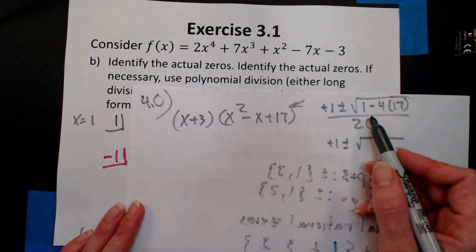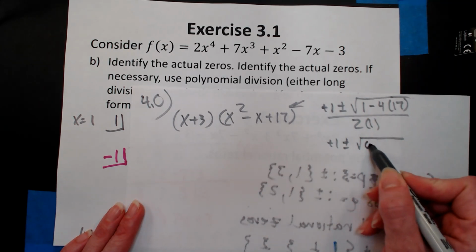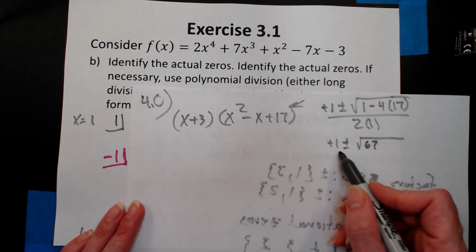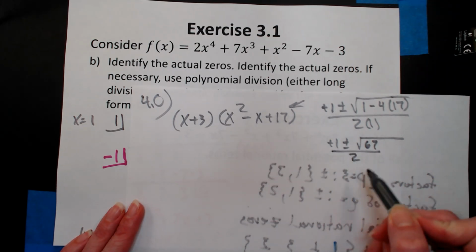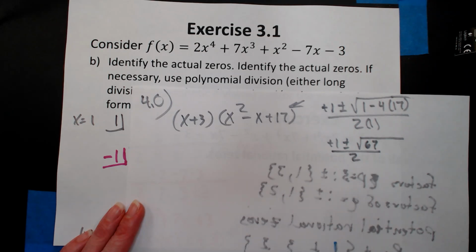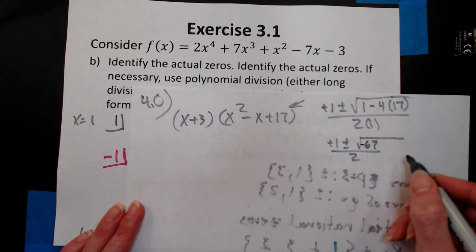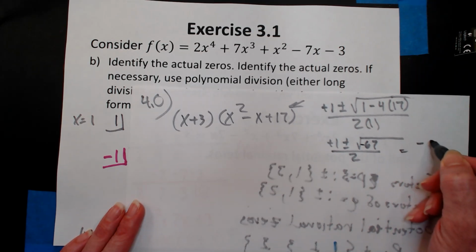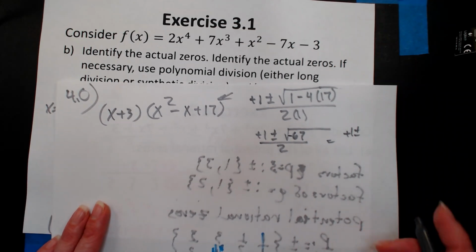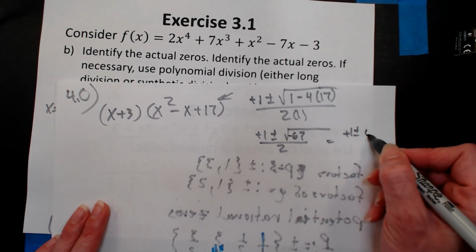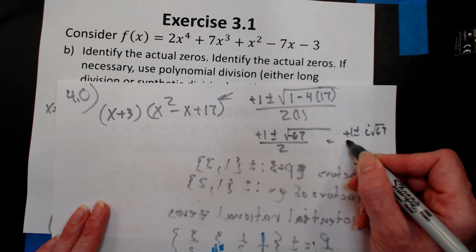So that would be 1 minus 68, which will be negative 67, and that will be over 2. And I don't think 67 has any perfect squares you can bring out. So it'd be 1 plus or minus i square root of 67 all over 2.